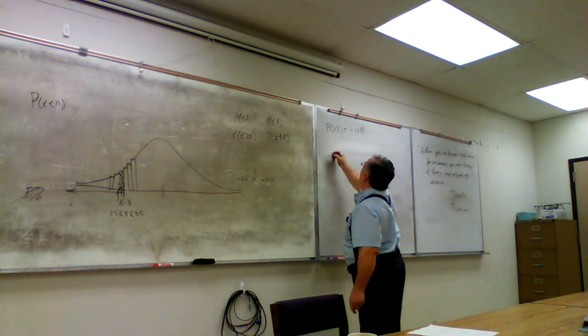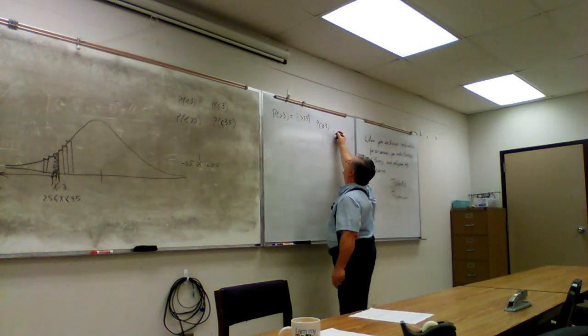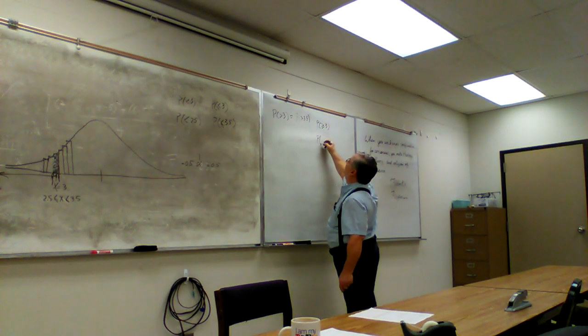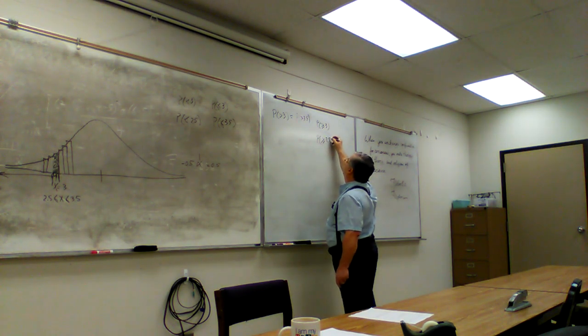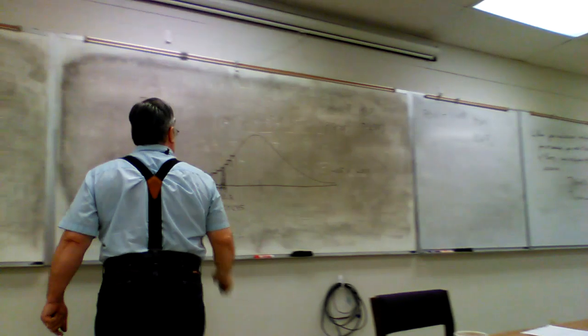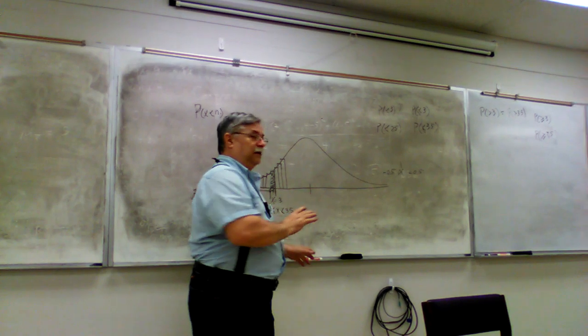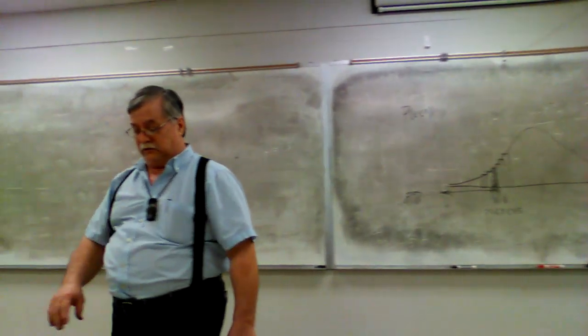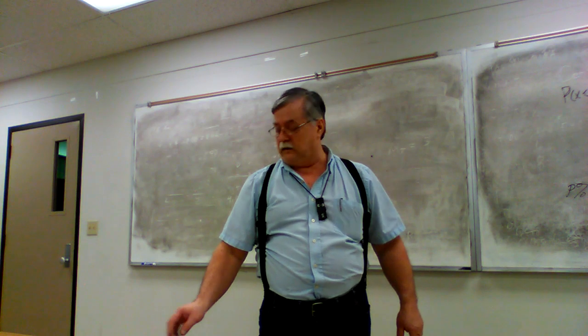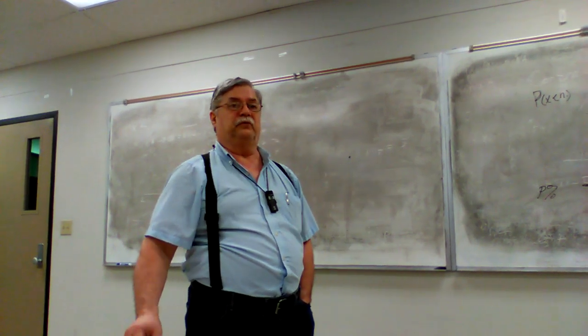But if you're looking for the probability of greater than or equal to 3, then you look for the probability of greater than or equal to 2.5, the lower boundary, so as to include anything that would be in 3. And that in a nutshell is how you make corrections to use table E, to use the standard normal distribution to approximate a binomial distribution.